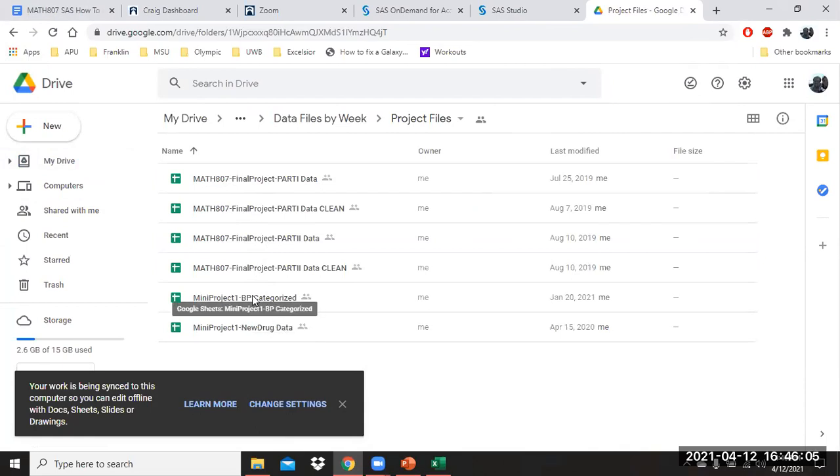And then here's the BP categorized one you need for that question. So that's the easiest place. If you've already done the zip file and downloaded all the other stuff and uploaded them all to SAS, rather than dealing with the entire zip file again, you can just download this data set and then upload it.